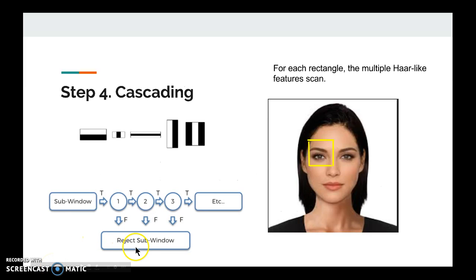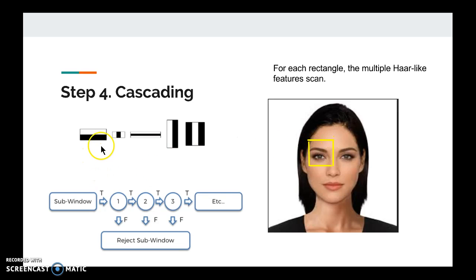And lastly, the last step is cascading. What happens here is, for example, we have a rectangle or a square over a piece of the image, and instead of using all of the features, it will stop at the last feature that is good, that is detected within that rectangle. So for here we have an edge feature that's light and dark, which could be like the eyebrow.